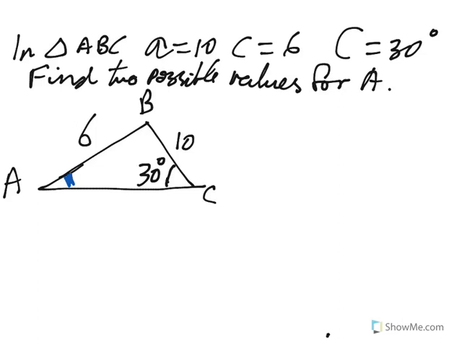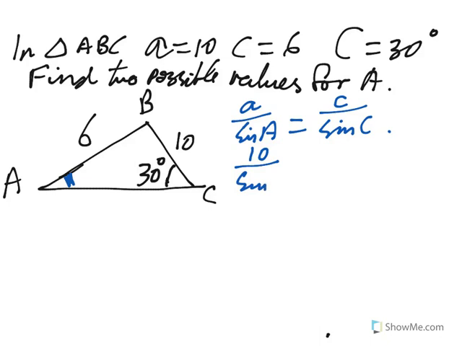Again, the sine rule. The ones we're using this time is A over sine A equals C over sine C. So 10 on sine A equals 6 on sine 30, do the old flip to get the angle on top.